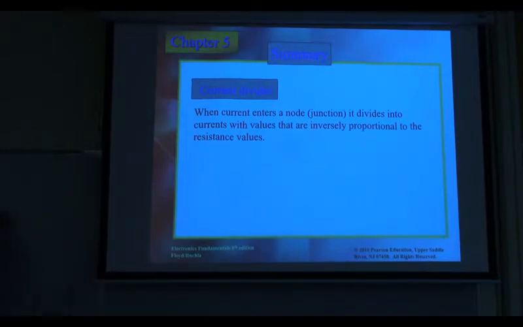So the current I1 equals R2 over R1, R2 plus R2, then times IS. That's not easy, so let's do something.